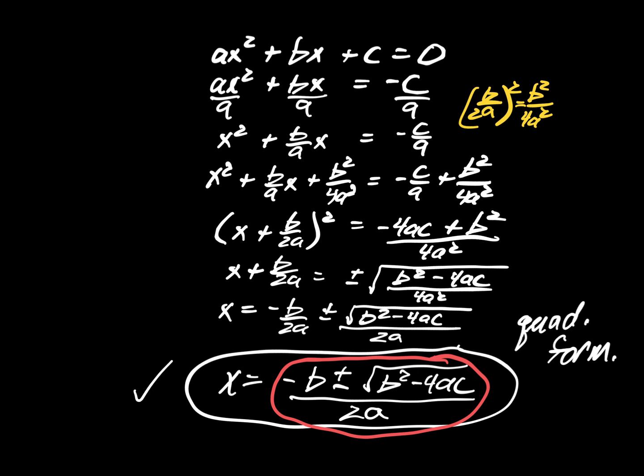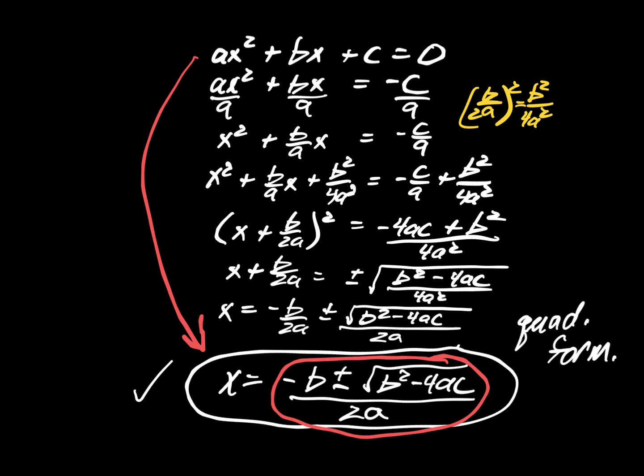Now, why would we even complete the square? And this is what I mentioned in the main video, when completing this, we have the quadratic formula. I've now completed the square for once and for all time. Why do I need to do it?